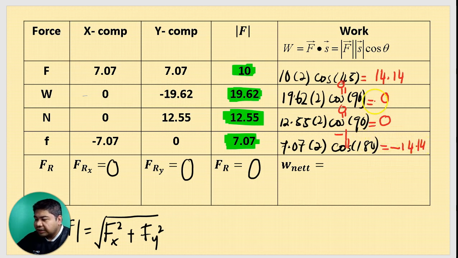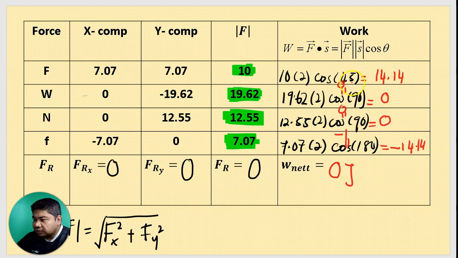So to calculate the net work done, the total work done on the object, 14.14 plus 0 plus 0 plus negative 14.14, you are going to end up with 0 joules. Alright, so that is how you calculate the net work done or total work done on the object.